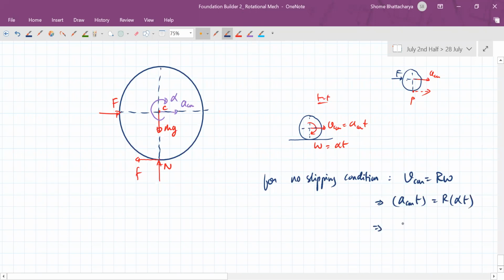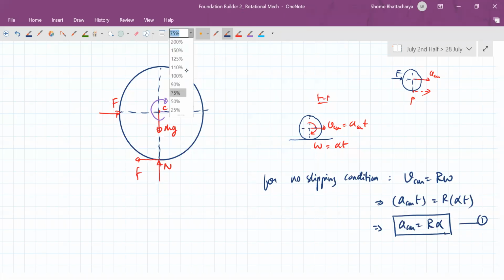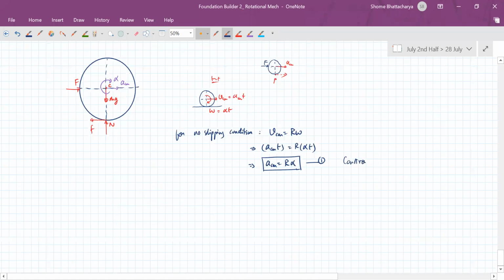So we get a new constraint relation that acceleration of the center of mass should again be radius into alpha. So this becomes our first equation over here. It becomes the constraint for no slipping condition. But this time the constraint is between acceleration of the center of mass and alpha.